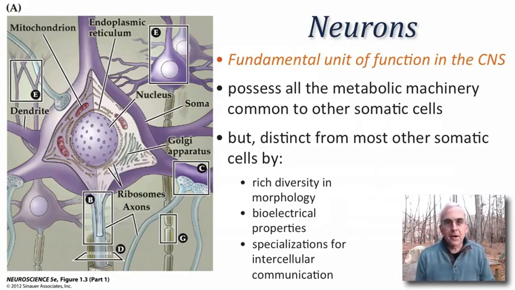Now, again, neurons have not evolved this capacity independently of other kinds of cells in the body. There are other secretory cells that are well known in other kinds of tissues, but the challenge of intercellular communication demands some pretty interesting and some pretty unique specializations that we'll come to shortly.